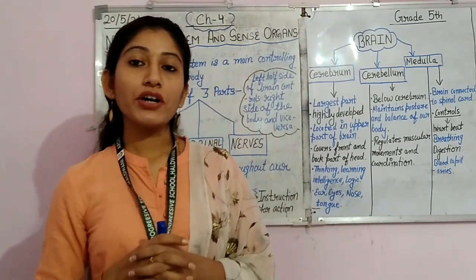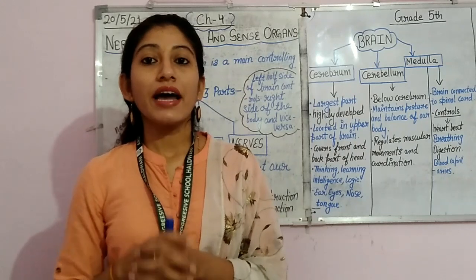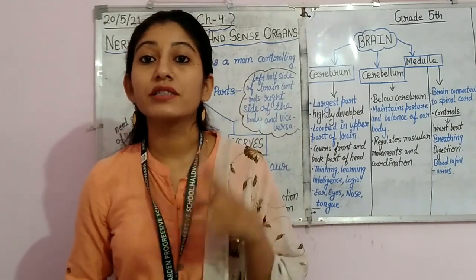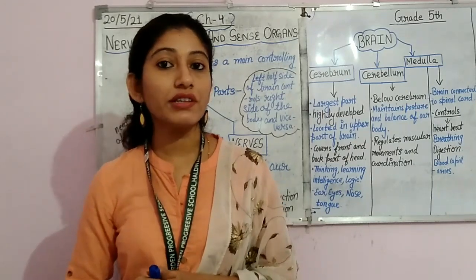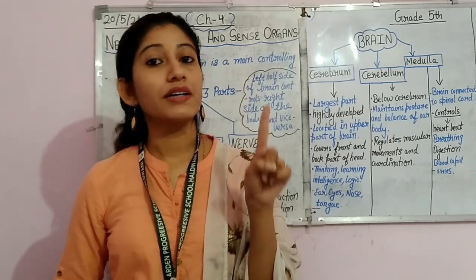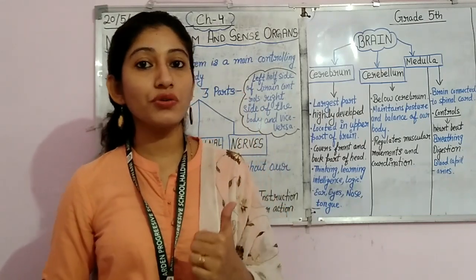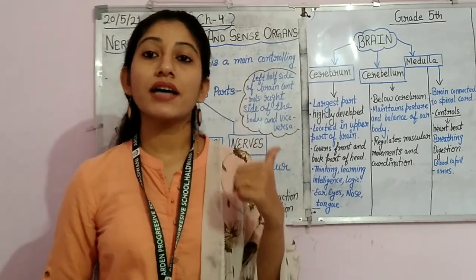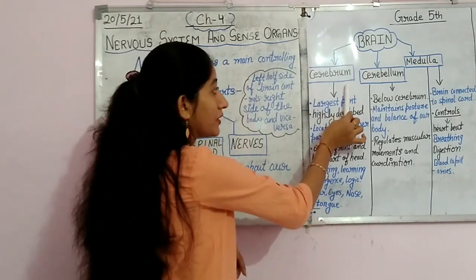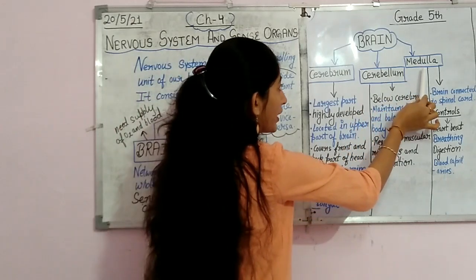Now when we talk particularly about the brain, we come to know that the brain also consists of three parts. The single unit brain is made up of three parts. And what are these three parts? Students, these three parts are cerebrum, cerebellum and medulla.